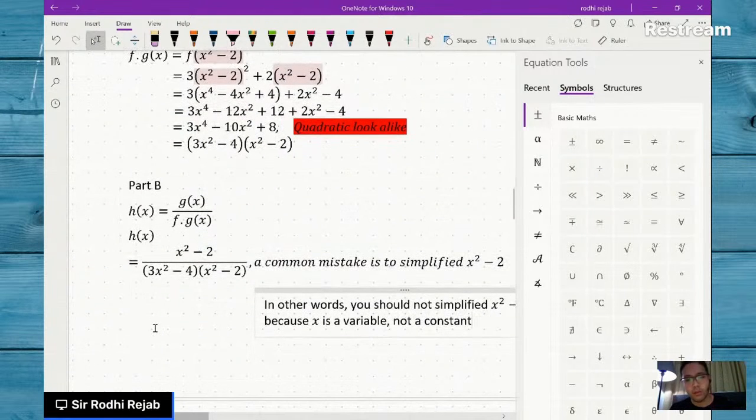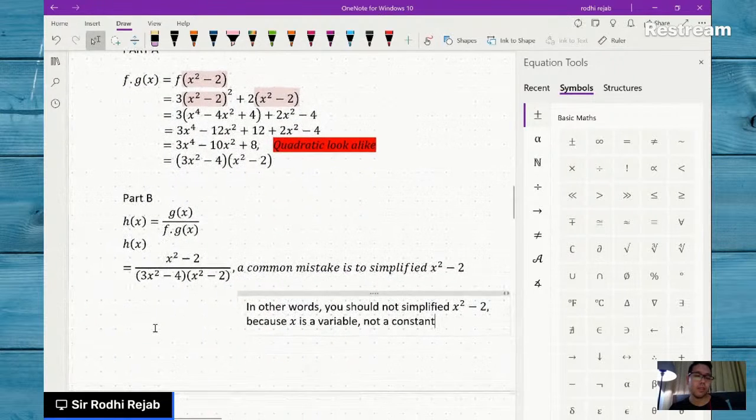If you don't trust me, we can check the graph. Okay, so first and foremost, you need to check the domain.